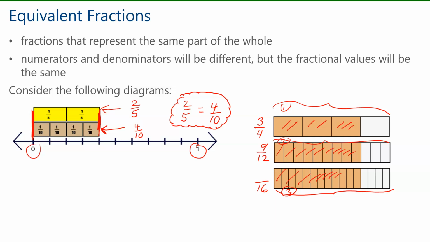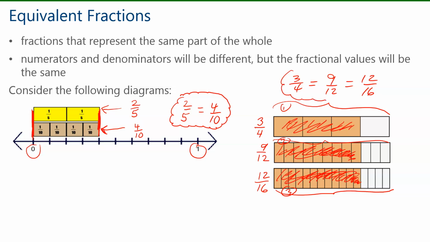And if you count up the total number of shaded ones, you will have 12. So all 3 have the same size whole, and the amount shaded in each one is exactly the same. So what we have then is that 3/4 has got to be the same as 9/12, which is the same as 12/16. So all 3 of these fractions are called equivalent fractions.